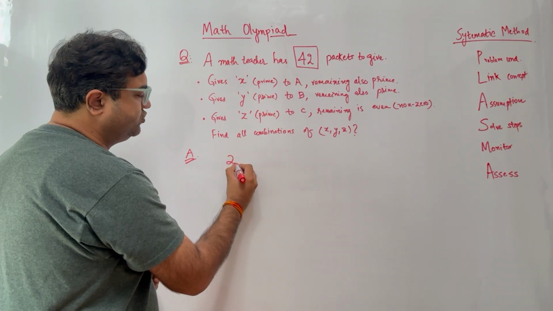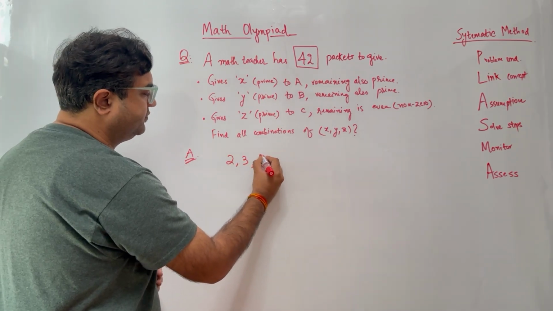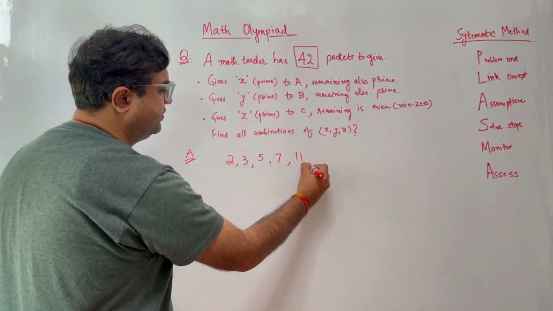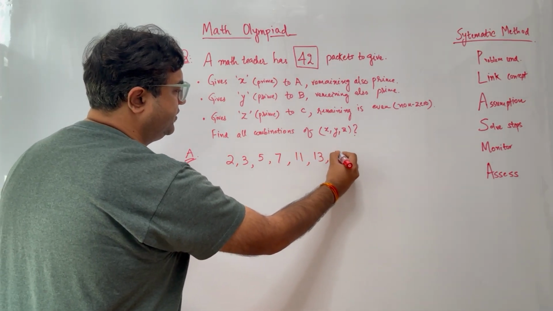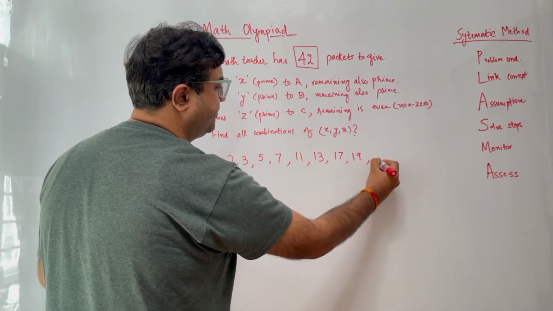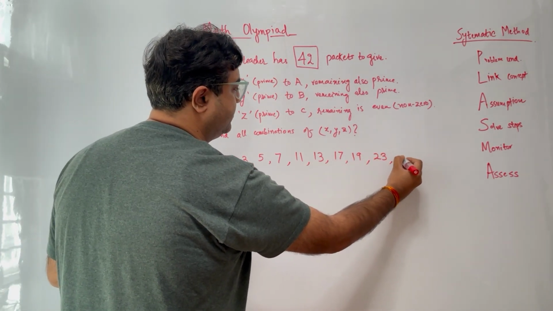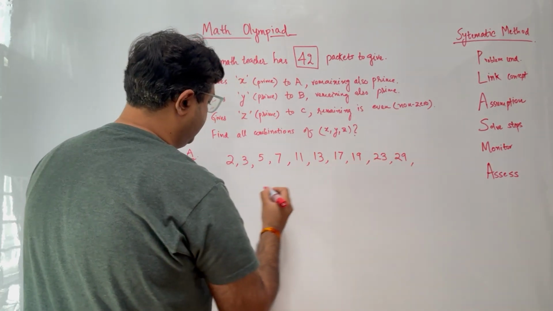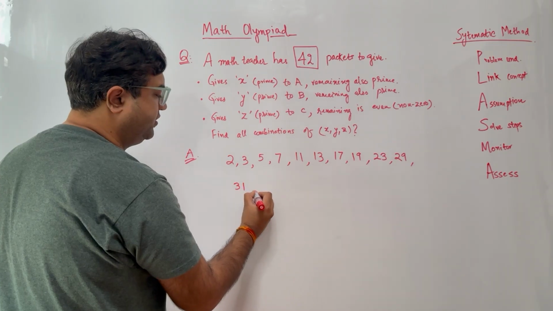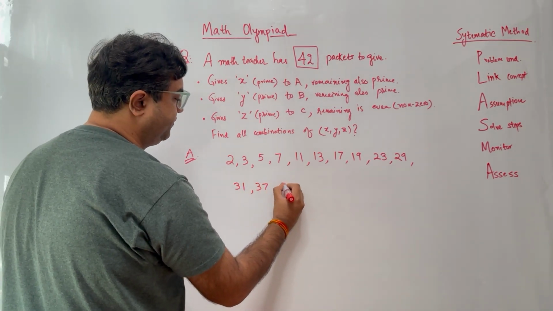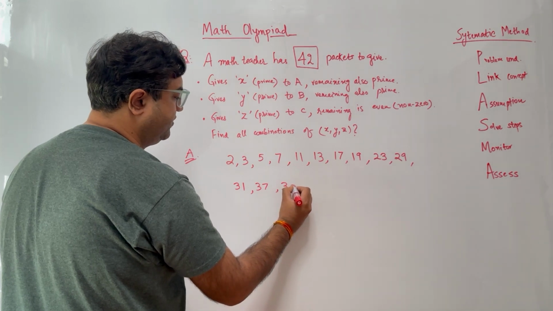So we start with 2, 3, 5, 7, 11, 13, 17, 19, 23, 29, 31, 37, 41.